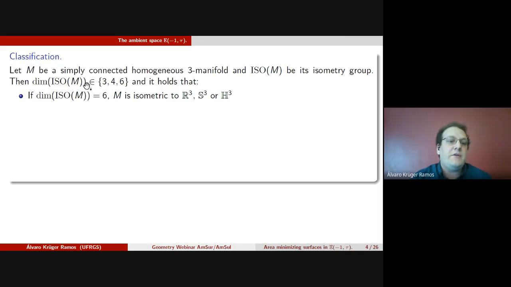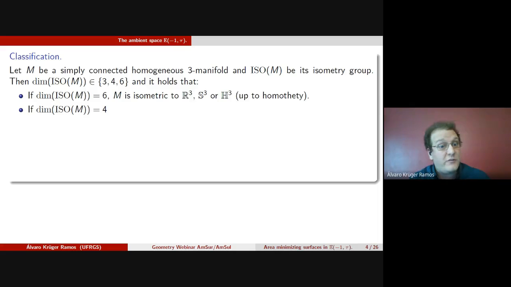First, if the dimension of the isometry group is the maximal one, 6, then M has constant curvature, and hence it is isometric to R3, S3, or H3 up to homothety, because it could be curvature 2 or curvature minus pi or whatever. So you can make a homothety and make it isometric to the standard metric in these spaces.